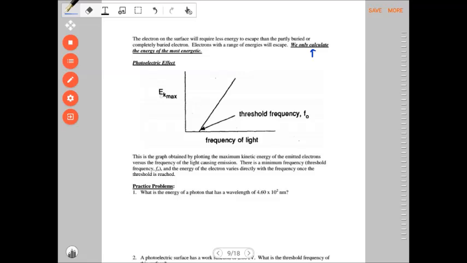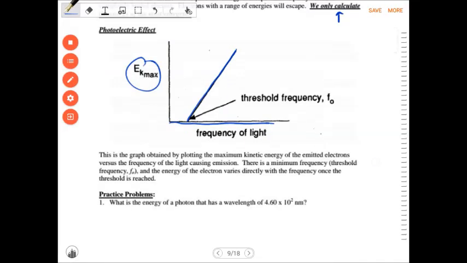If we graph the EK max, the maximum energy of the electrons, against the frequency of light, we get a graph that looks like this. Nice slope. As we increase the frequency, the energy of the electrons goes up. This point right here, the x-intercept, is the threshold frequency.